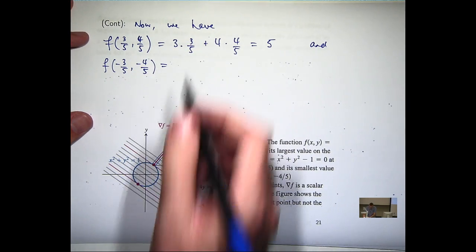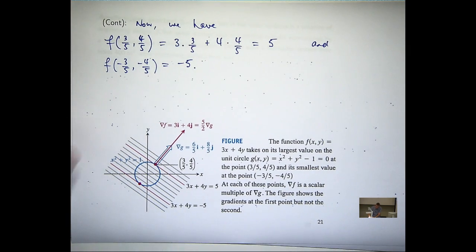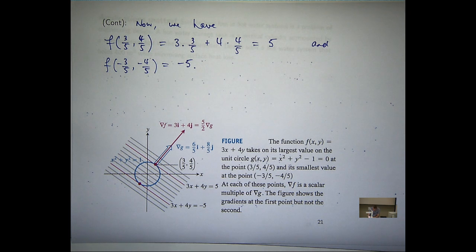Okay, so for this one, I'm going to get negative 5. So now let's compare those two values. Which one's the larger value? Which one's a smaller value? Well, 5's the largest, minus 5's the smallest, so therefore we can make the following conclusions.